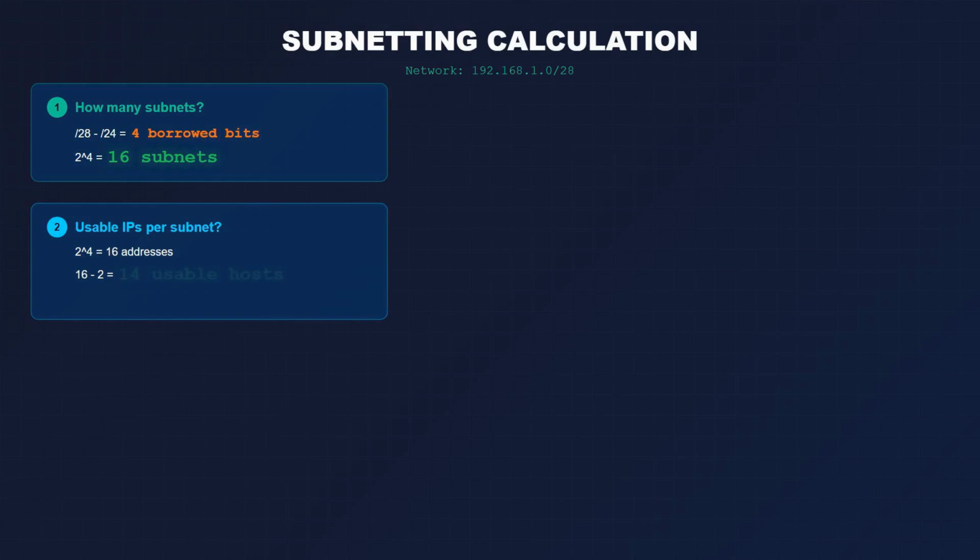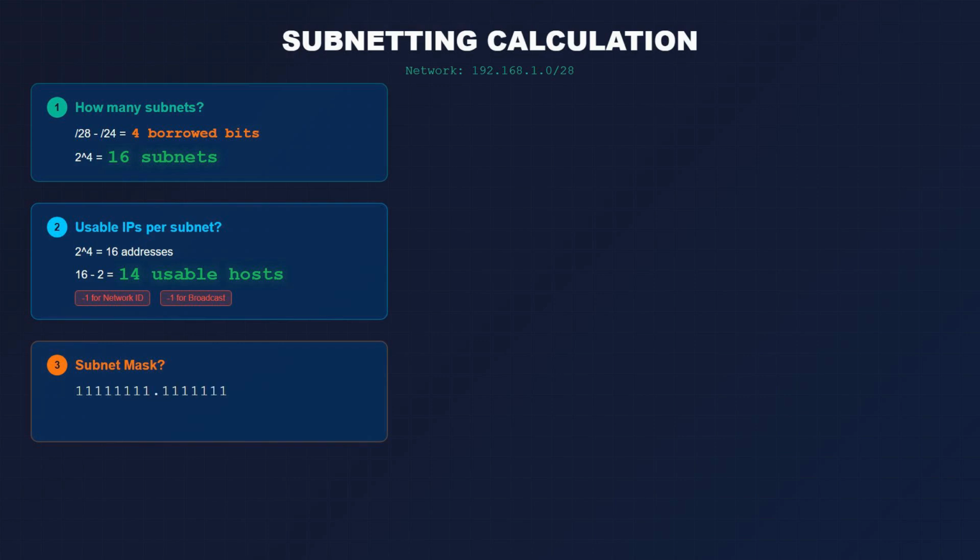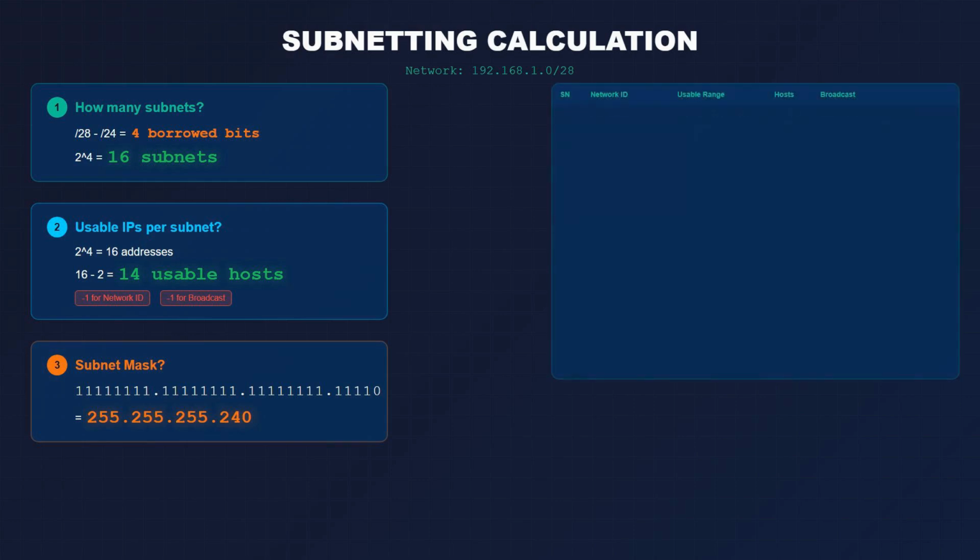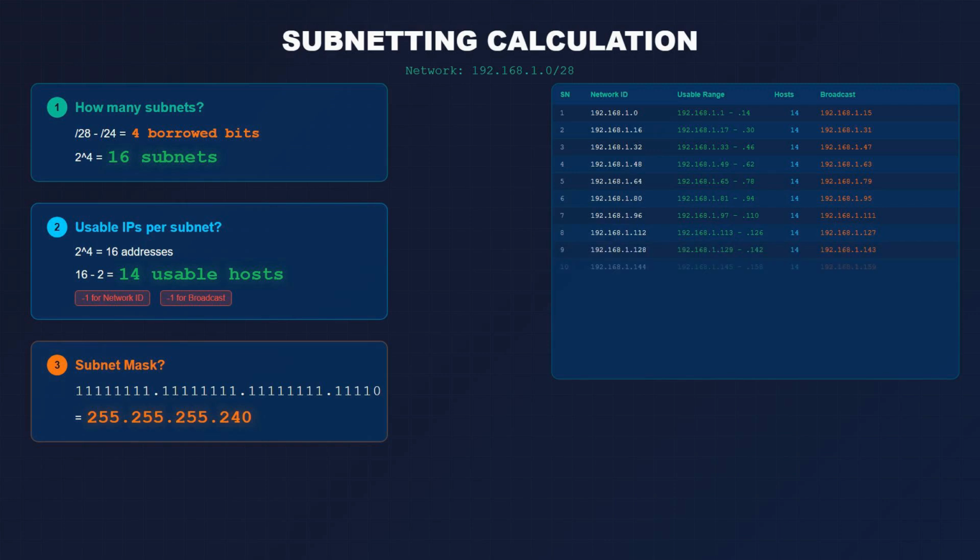And the subnet mask is 255.255.255.240. And when you look at my right hand side, you'll find the table of the network address, usable range, the host, and the broadcast address. Then we move further.